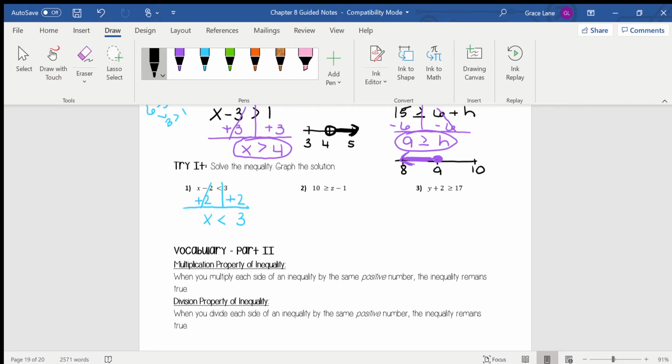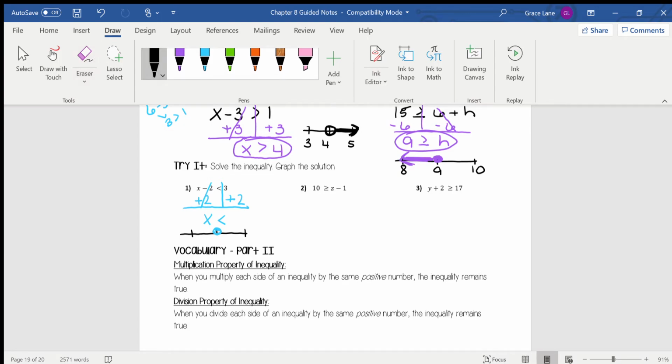To graph that, you can make your number line bigger if you want. I only do the 3 numbers so that I can see bigger than 3, less than 3. This is not colored in because it does not include 3, and the arrow, oh my gosh, that was a mistake. 3 plus 2 is not 3.